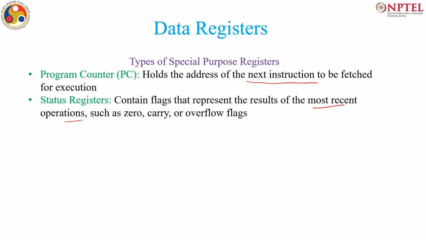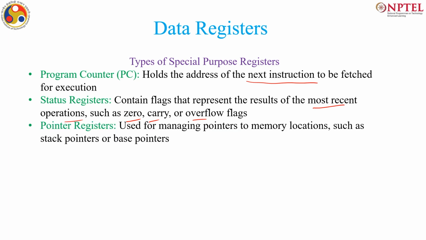For example, you can have a zero flag which is 1, meaning the output is 0. Then there can be a divide by 0 flag, which can also indicate 1, a carry flag, and an overflow flag. If you want to read more about this, you can check out a microcontroller or microprocessor course where these are given in detail.